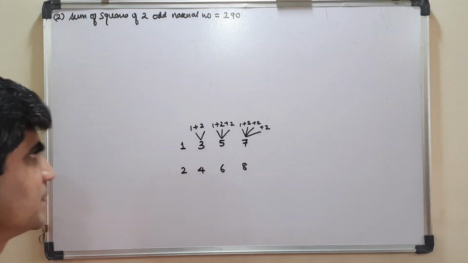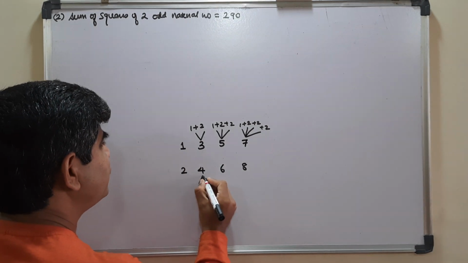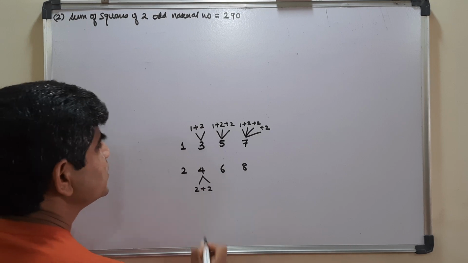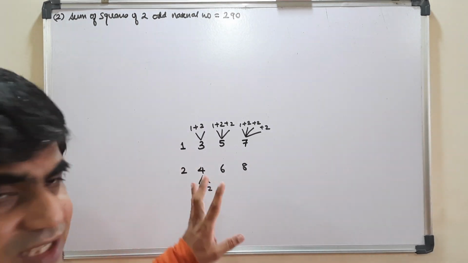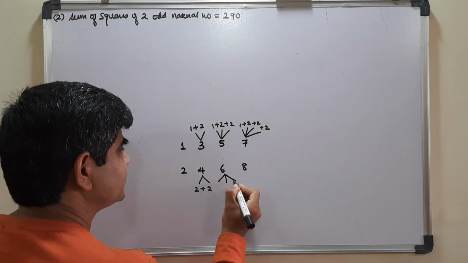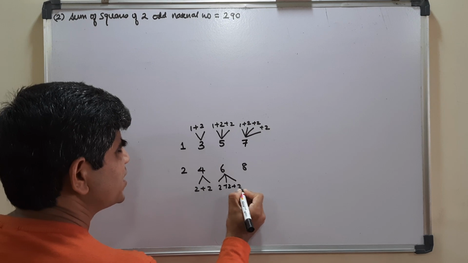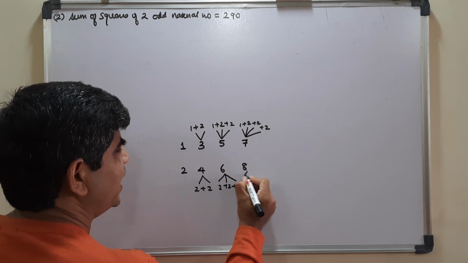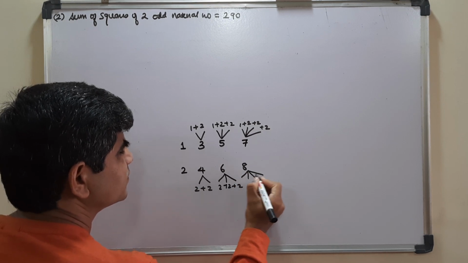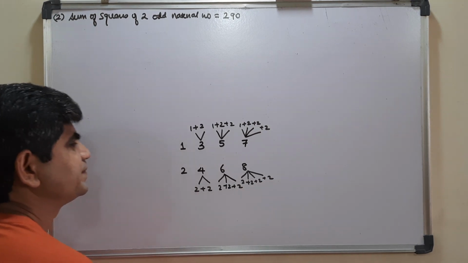Let us talk about this. How to get 4? 2 plus 2. Means what I am doing is I am taking the first number in every one. Okay. How do I get 6? 6 I get 2 plus 2 plus 2. How do I get 8? I get 2 plus 2 plus 2 plus 2.